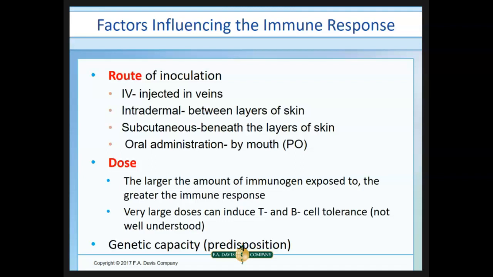It's not very well understood, but it could be that there's so much of the antigen in the system that the T cells and B cells think it belongs there. And also the genetic capacity or predisposition for getting certain illnesses. We're going to talk about that later in this chapter. It's pretty interesting.